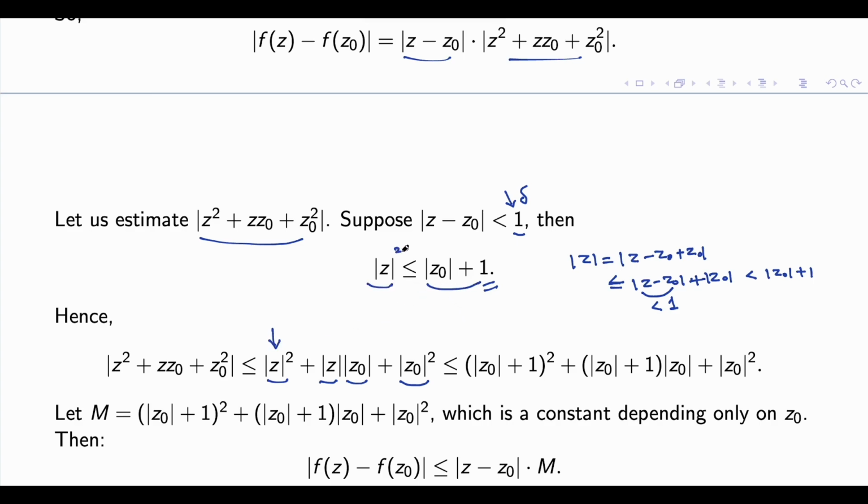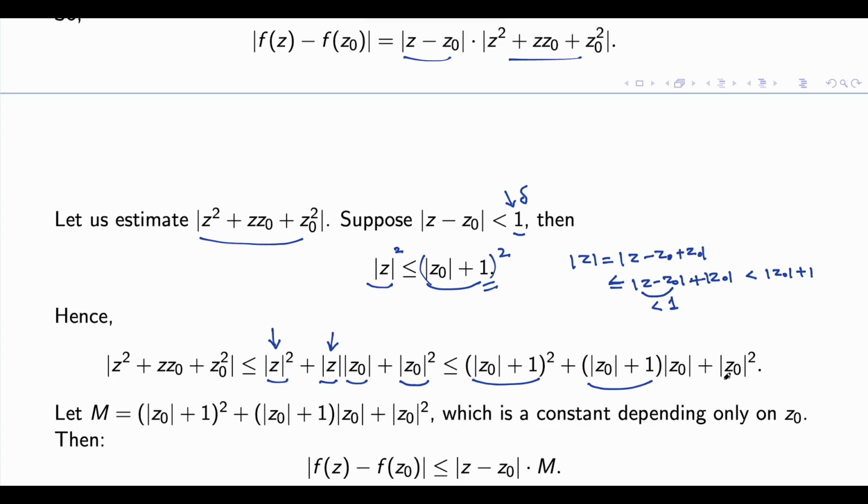So |z|² is nothing but this squared, so we have replaced |z|² by (|z₀| + 1)². And again |z| is replaced by |z₀| + 1, and all of them are in terms of |z₀|.